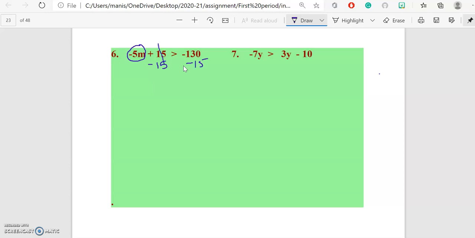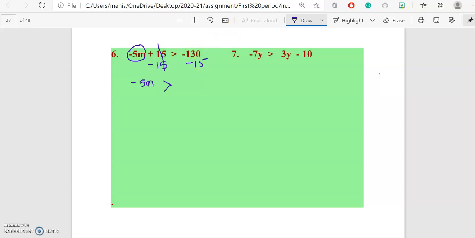So plus 15 minus 15 will give me 0. I'll bring this negative 5m down over here. Now keep in mind, you only change the direction of the symbol when you divide or multiply by a negative number. Look, I neither divided nor multiplied. I just subtracted 15.